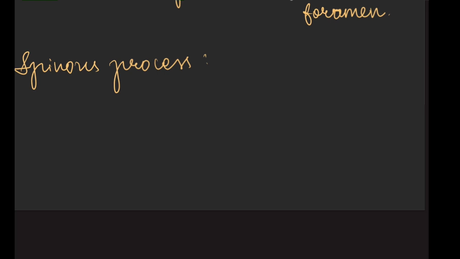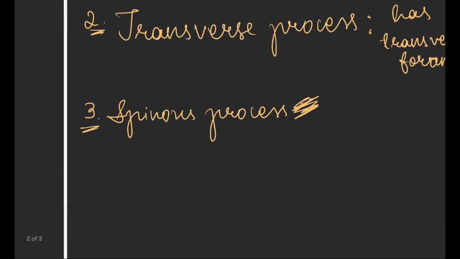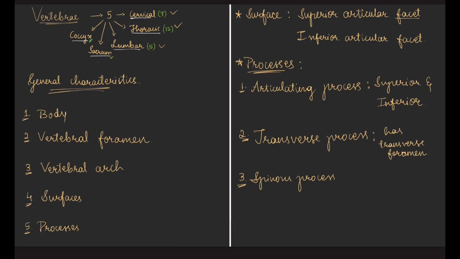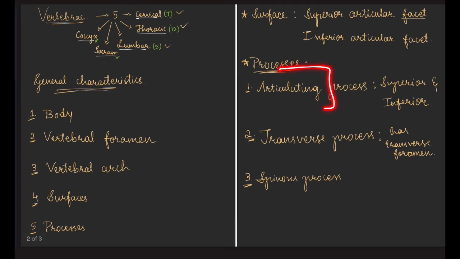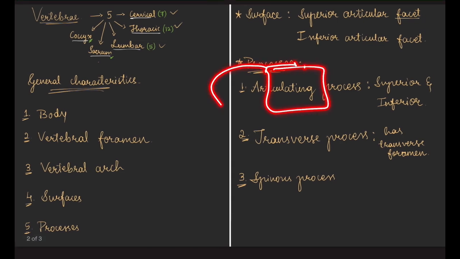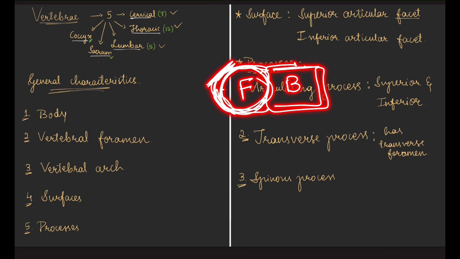Okay, spinous process. Next, these are the processes, and I've also told you about the transverse foramen. Typically a single vertebra has a body, and it has a vertebral foramen. This is a foramen, this is a body, and on this side it has arches. These are vertebral arches. Here you will get a notch, and it has articulating surfaces.